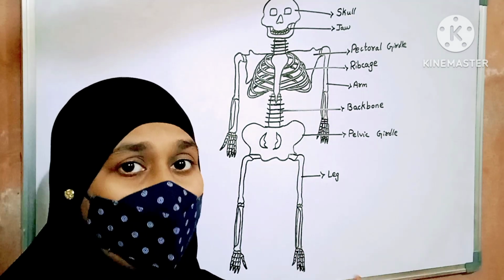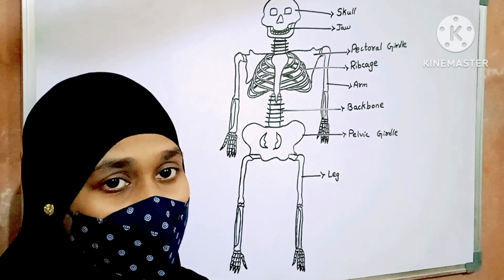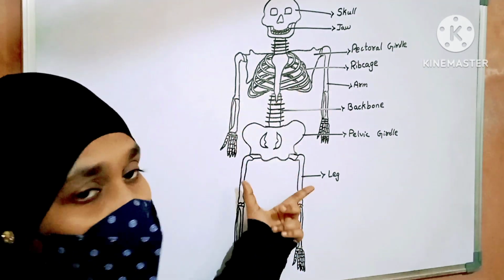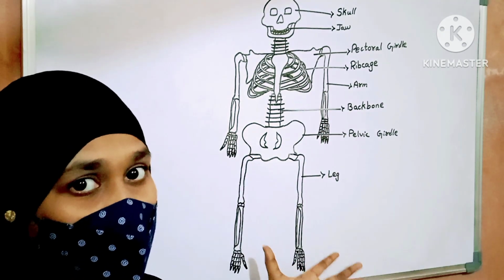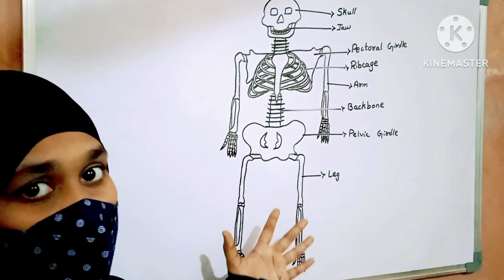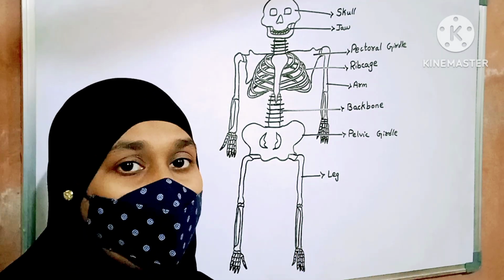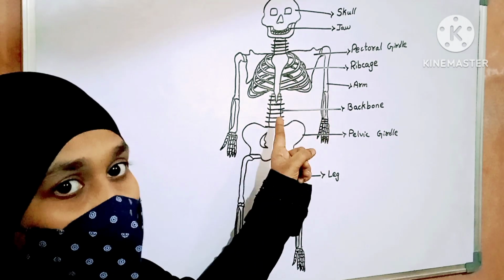They help us to walk, to ride, to do things, to pick up things, isn't it? And these hind limbs bear the entire body weight, and they are very long.